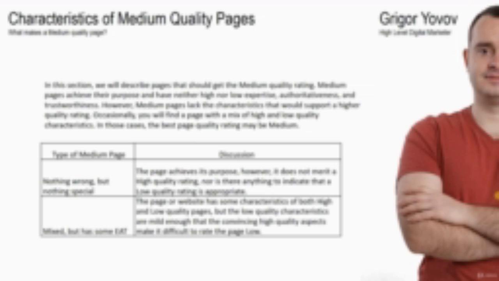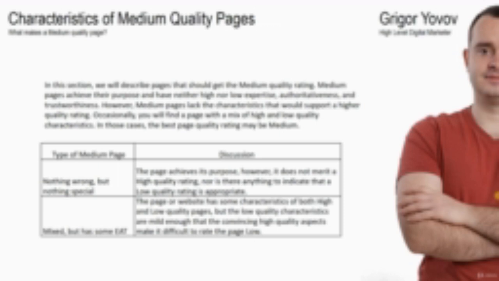Here we have two scenarios. The first is when there is nothing wrong but nothing special, and in this case the page achieves its purpose, however it doesn't merit a high quality rating, nor is there anything to indicate that a low quality rating is appropriate.